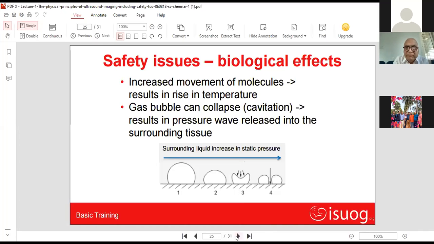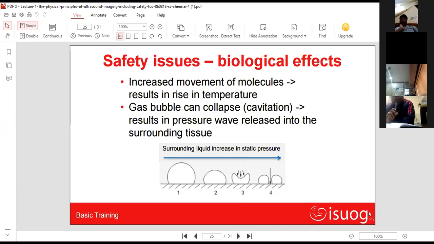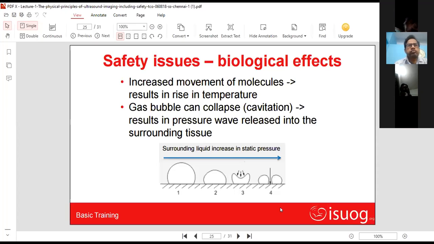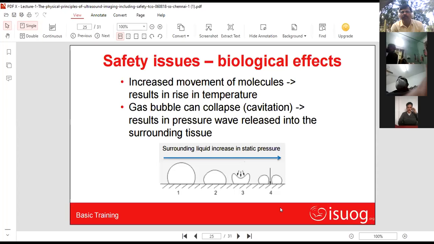For example, when we are examining an 8-week or 7-week fetus, we don't insonate the cardiac structures with power Doppler or PW, because it will create heating and it may damage the developing heart.